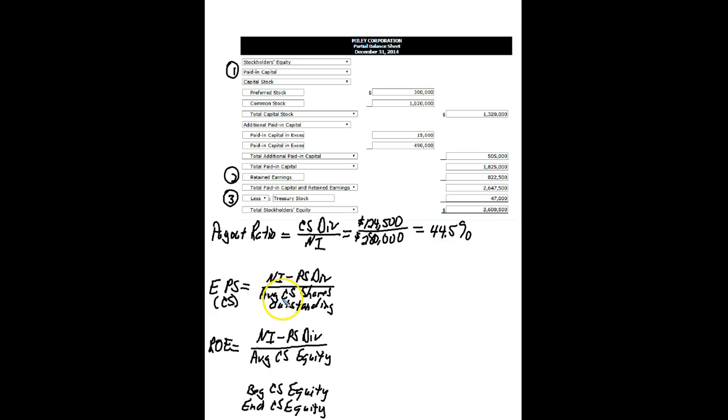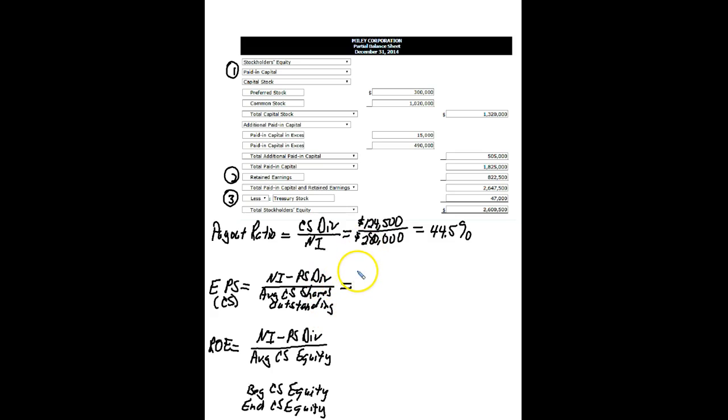So we take net income, subtract the preferred stock dividend, and divide by the average common stock shares outstanding.